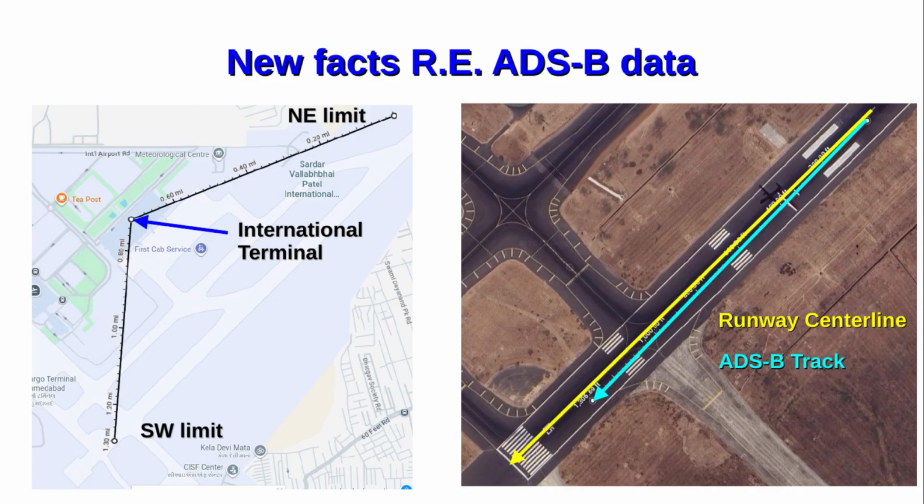The 4-minute gap happens to be the time during which the plane backtracked on the runway to its initial start point at the northeast end. This gap led some people to think that the plane had conducted an intersection takeoff, thus using only half the runway, but that was not the case.